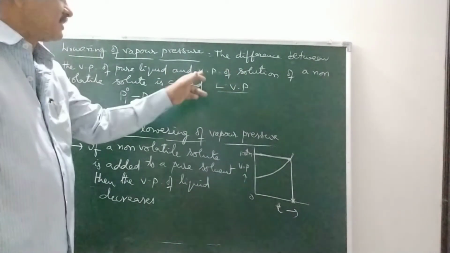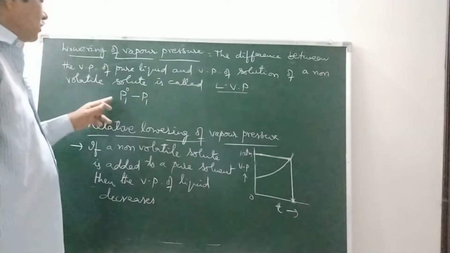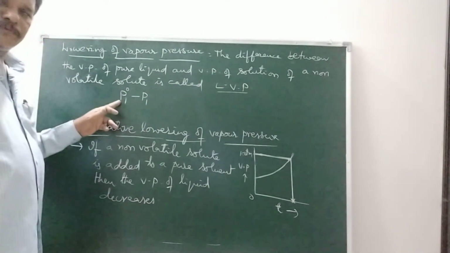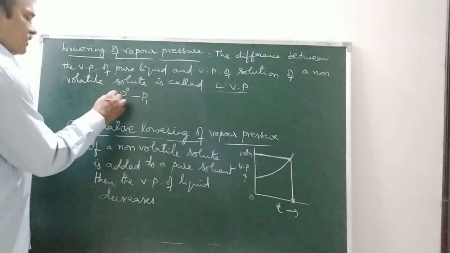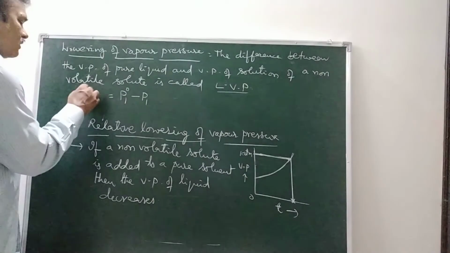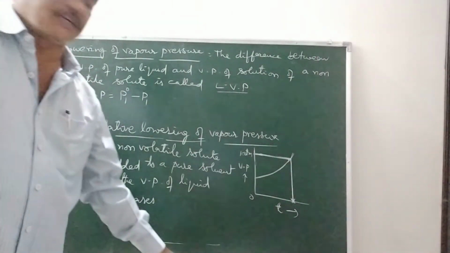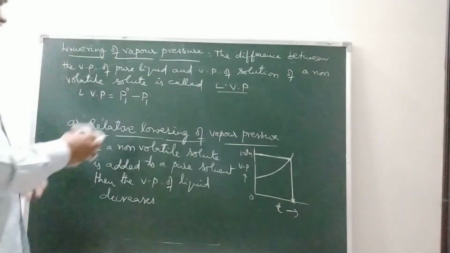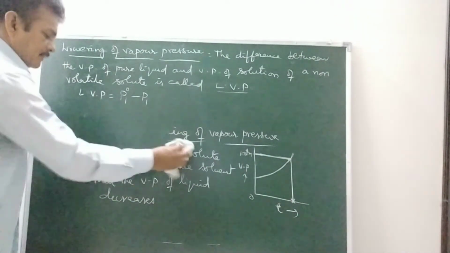The vapor pressure of the solution is less; for pure solvent the vapor pressure is more. The difference P1 naught minus P1 is the lowering of vapor pressure. Next, what is meant by relative lowering of vapor pressure?